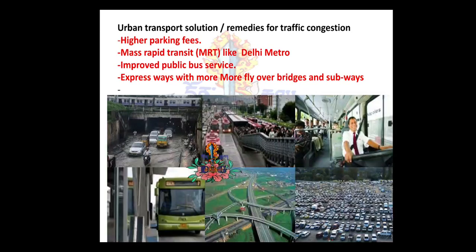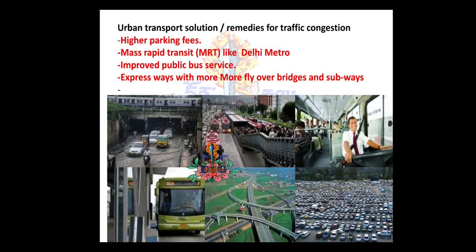In order to minimize the above traffic related problems, mostly in developing countries, what are the solutions or remedies to decongest traffic in towns and cities? Following are the main solutions to minimize traffic problems in towns and cities of the world.